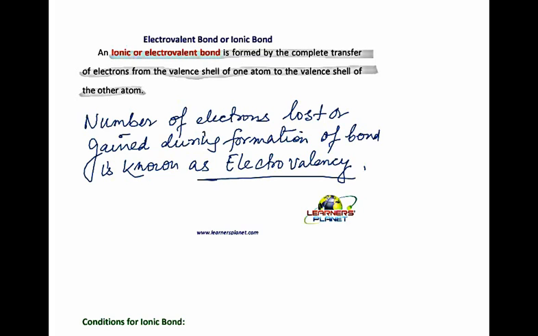So we have learnt what the electrovalent bond is, and ultimately what electrovalency is, which is the number of electrons that is lost or gained during the formation of the bond.